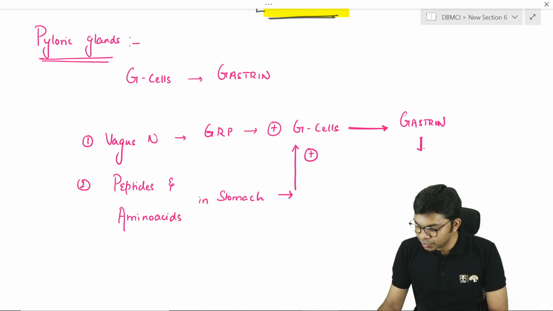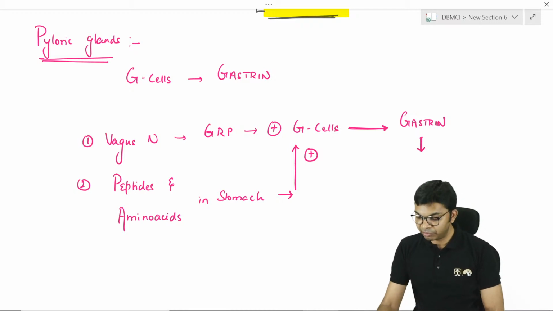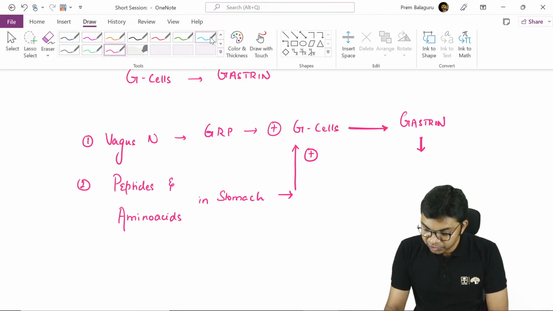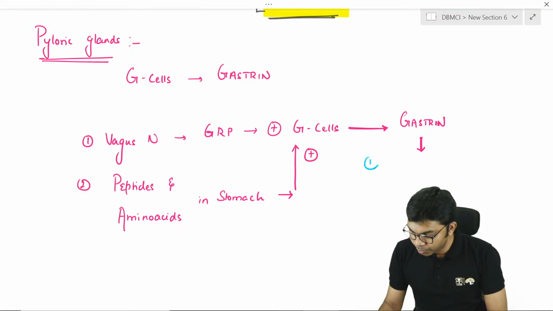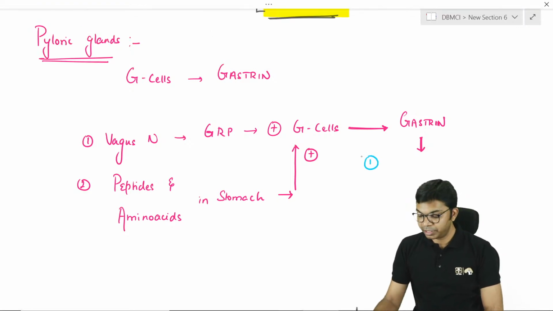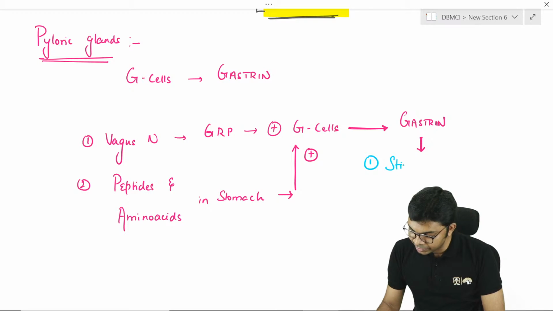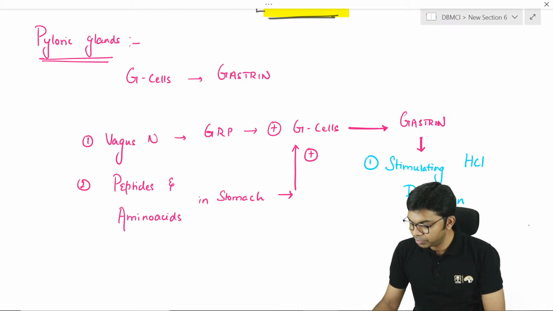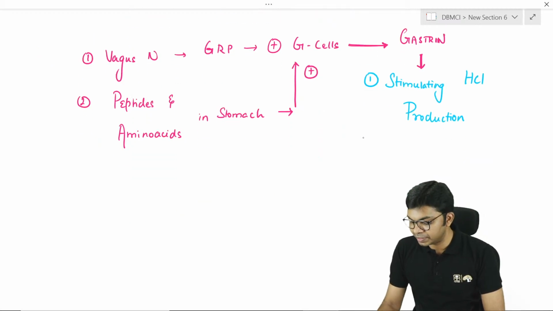Gastrin acts as a hormone involved in multiple functions. The functions of gastrin are: number 1, gastrin is involved in stimulating acid production, stimulating HCl production by parietal cells.